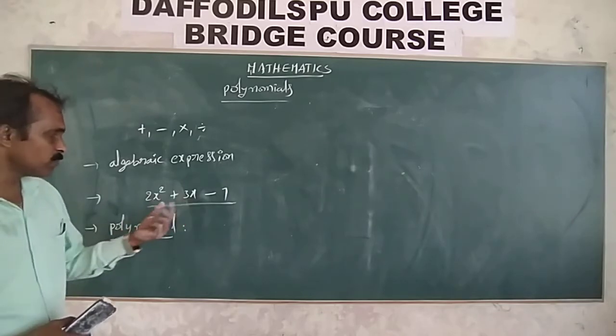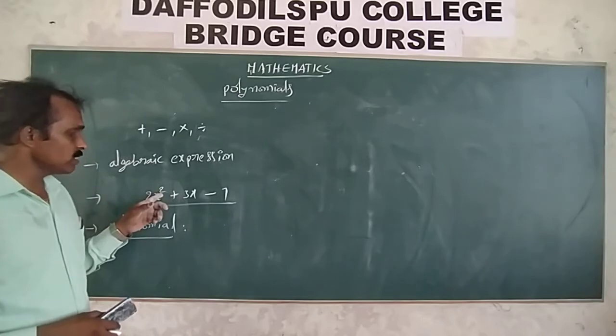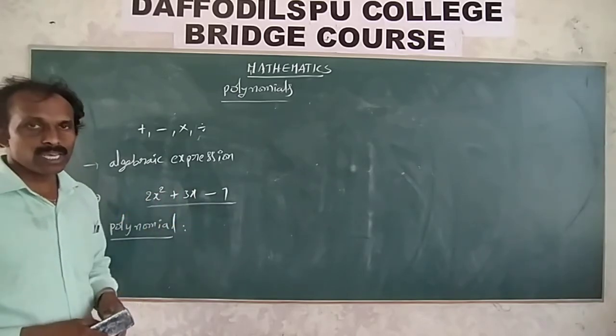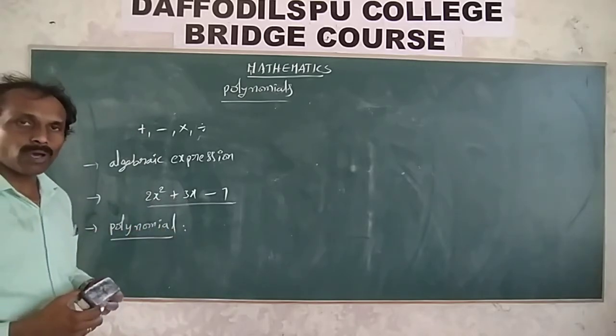So let us say this expression has x power 2. Its power is a non-negative integral value. So it is called a polynomial.